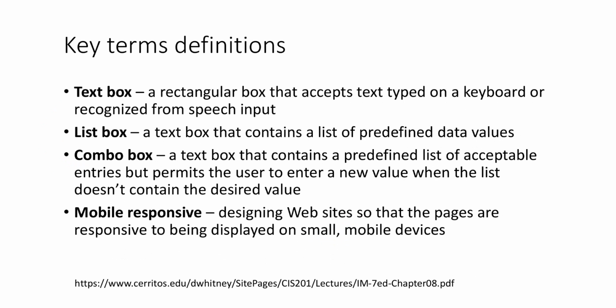In comparison to the list box, you have something called a combo box. A combo box is also a text box that contains a predefined list of acceptable entries, but permits the user to enter a new value when the list doesn't contain the desired value. If I have three options and I'm not satisfied with them, I can enter a fourth option if the UI supports a combo box.